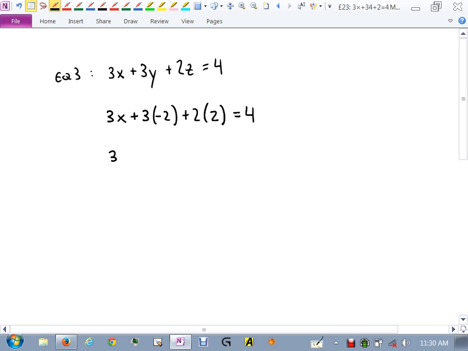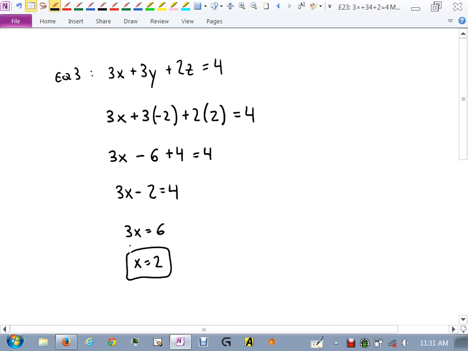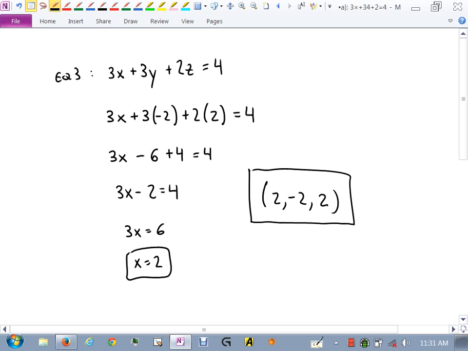Let's do our multiplication first. Negative 6 plus 4 equals 4. 3x minus 2 equals 4. 3x equals 6. X equals 2. Now the answer is an ordered triple. 2, negative 2, 2. All right?